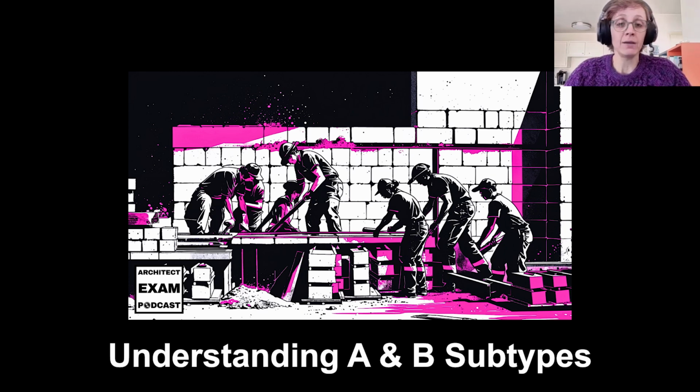Type 3A versus type 3B, making the wood interior elements more fire resistant. And for type 5A versus type 5B, the difference between protected and unprotected wood frame. Now, the A subtypes cost more, but they do allow for larger and taller buildings than their B counterparts.